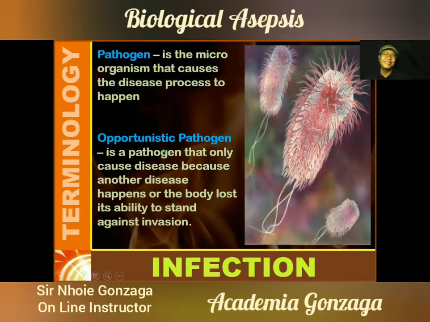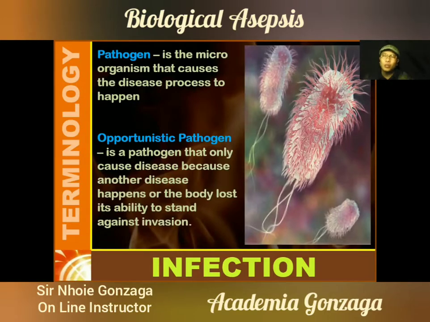Why? Let us try to understand what an opportunistic pathogen is. It is a pathogen that only causes disease because another disease happens or the body lost its ability to stand against invasion. Now, let me make that simple. If a person has AIDS or acquired immunodeficiency syndrome, the person is becoming weak.